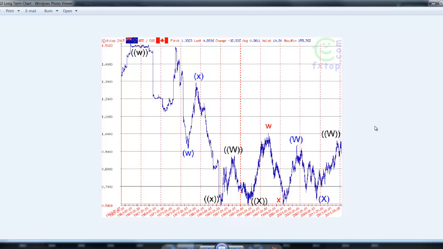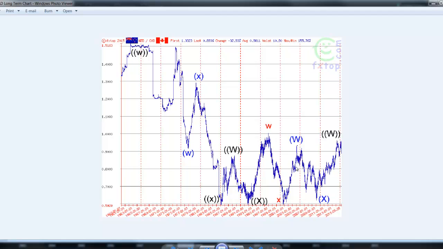So ultimately we'll go higher again. It's the most likely scenario, or else it will keep doing a range right here. But it seems to me that the more likely path would be at least a pullback here, and then from there we could start a new bullish cycle that will take us above this.